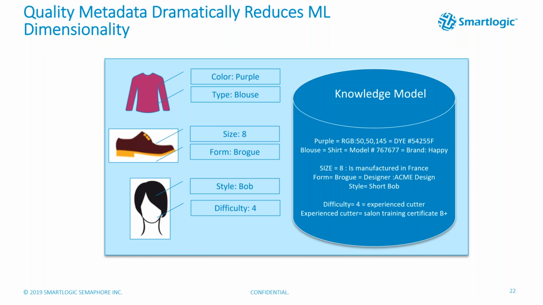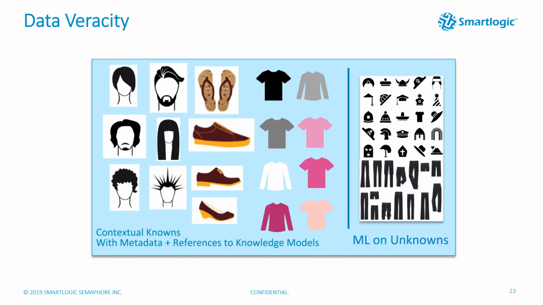So in fact, what you end up with, and we're going to add a couple more data dimensions in the next slide, is this. What we're suggesting is that machine learning can be used on the unknowns. In this case, I've added 2 extra data types: hat styles and trouser styles on the right.